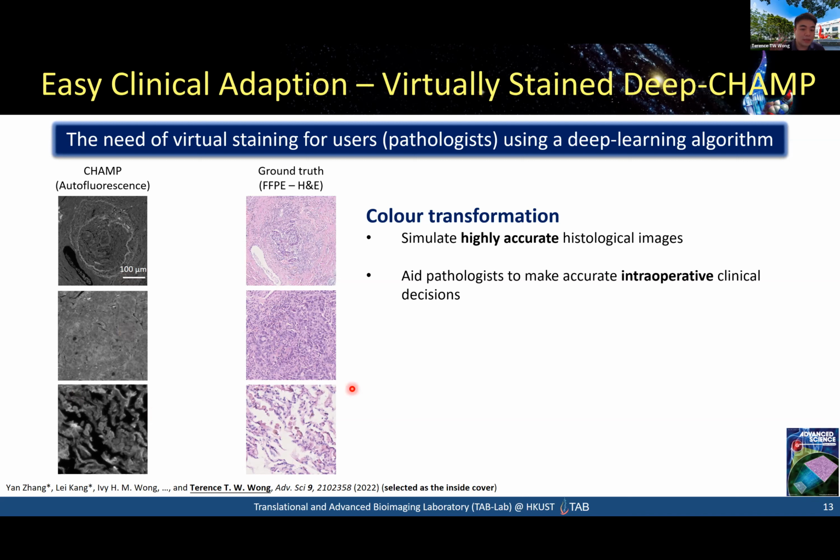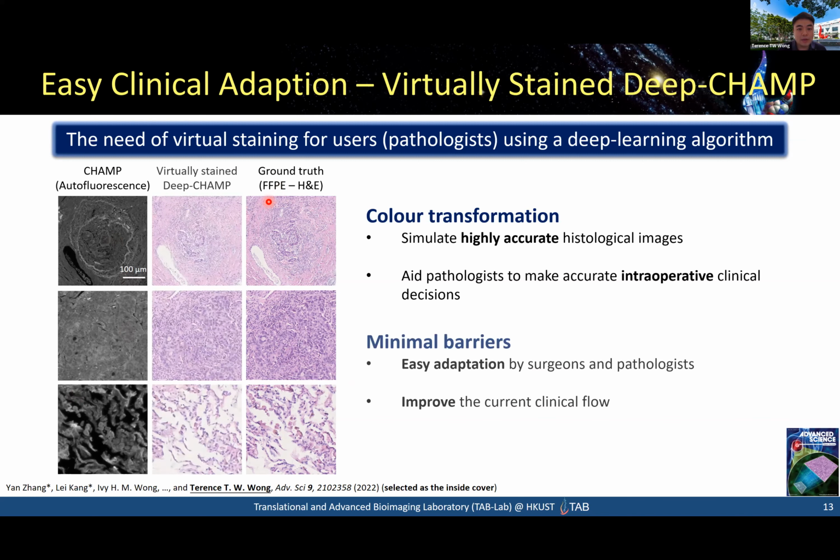So in order to make this hurdle even less for the pathologists, we even incorporate a deep learning algorithm to learn the differences between the grayscale and the ground truth H&E that is prepared by FFPE, by the way. So it's the highest standard that we are comparing to. And the middle column here really shows you our results.